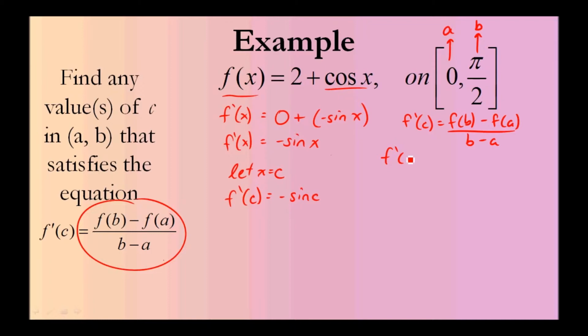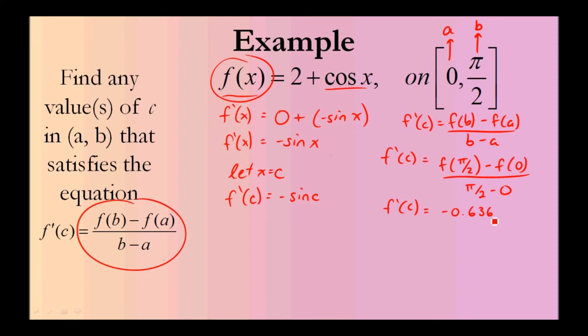So f prime of c is equal to f of pi over 2 minus f of 0 divided by pi over 2 minus 0. F prime of c is equal to, if we plug pi over 2 into the original function here and 0, we come to the value of negative 0.6366.